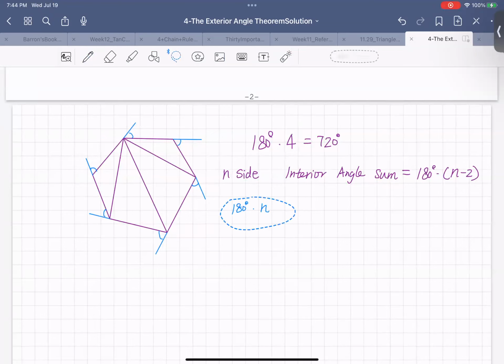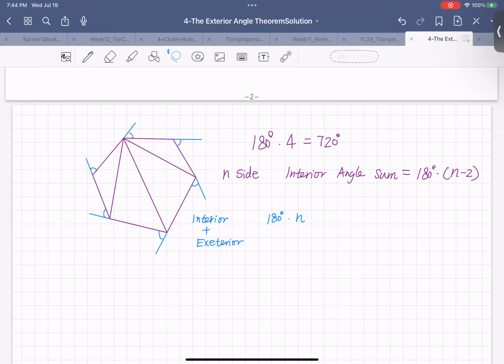This is called interior plus exterior. Each one is 180.